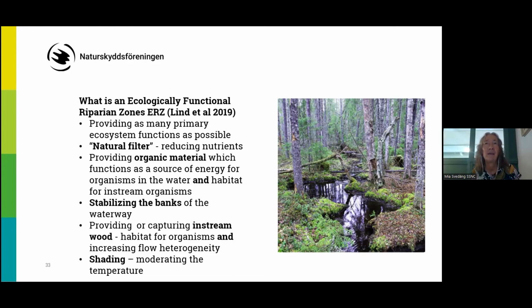And in that way, they can also increase oxygen in the water by making the water more turbulent and so on. And of course, if you have trees along a brook, you have a buffer zone providing all these kinds of good things to the watercourse.